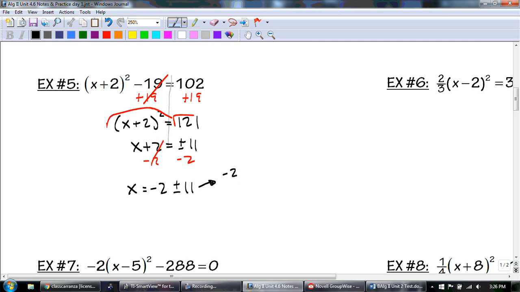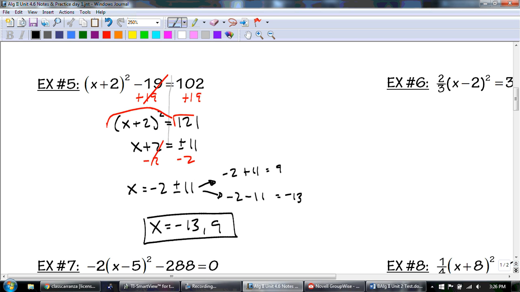So I can do negative 2 plus 11 and negative 2 minus 11. Negative 2 plus 11 is 9. Negative 2 minus 11 is negative 13. So my final answer is x equals negative 13 and 9.